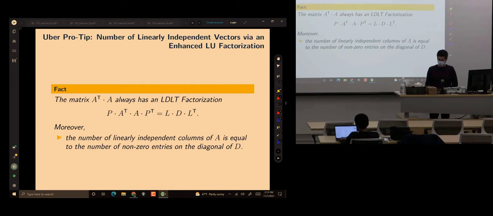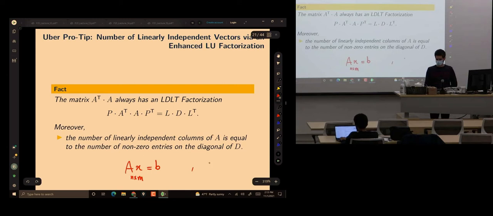For a rectangular system of equations, AX equals B, where A is an m by n tall matrix. Ultimately, we said that if the columns of A are linearly independent, that means we cannot construct any column from a linear combination of other columns.